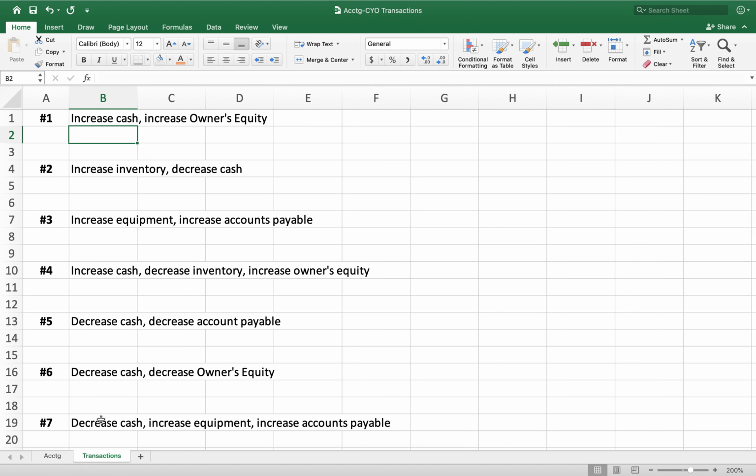So here we go. Starting out, increase cash, increase owner's equity. One way to do that is to have the owner of the business, we'll say Ella, deposits.